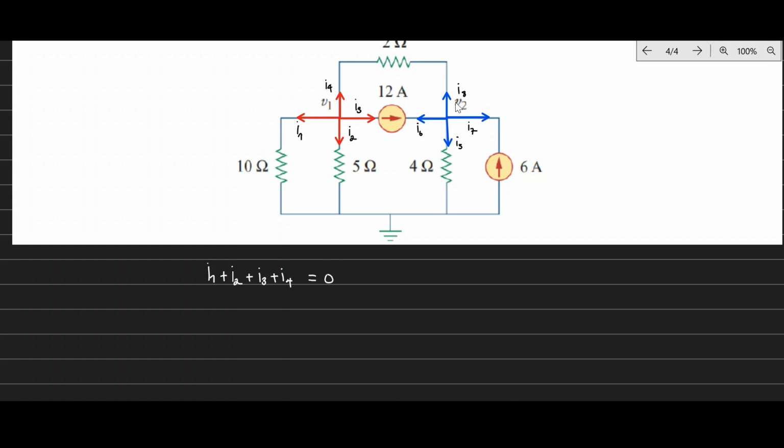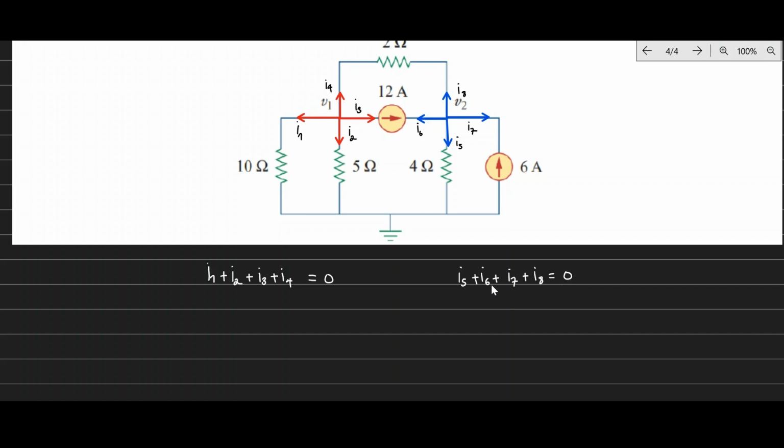For the other node, you do the same thing, so this will be I5 plus I6 plus I7 plus I8 equals 0.